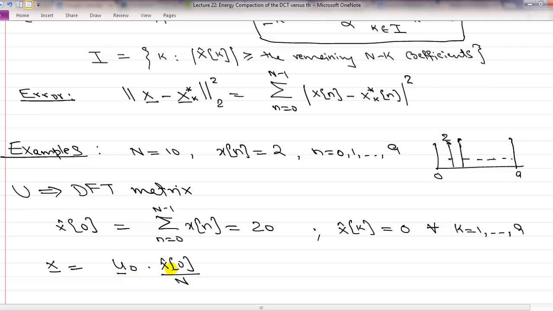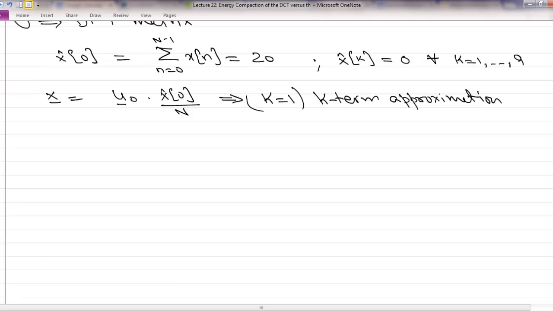U0 is the only one that we need, and you get back your x. Okay? So this is k equal to 1 k-term approximation, which is not even approximation, it's exact. Right?